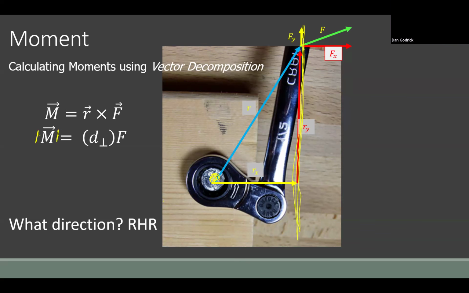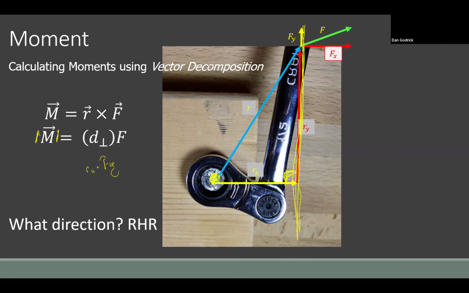But if we're actually trying to find the moment about the bolt due to Fy, well, we can say it's Fy times what's the perpendicular distance? Well, that's just Rx. So the distance is Rx times Fy. All right, that's pretty easy, but what direction does it act in?